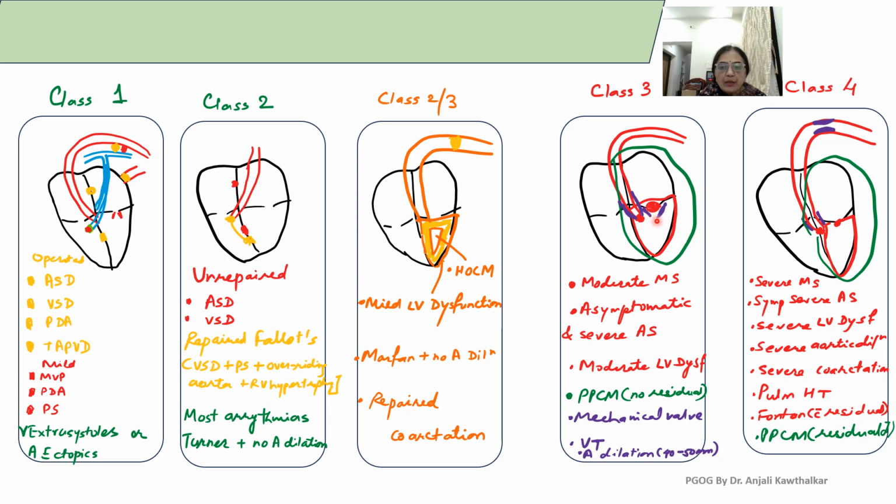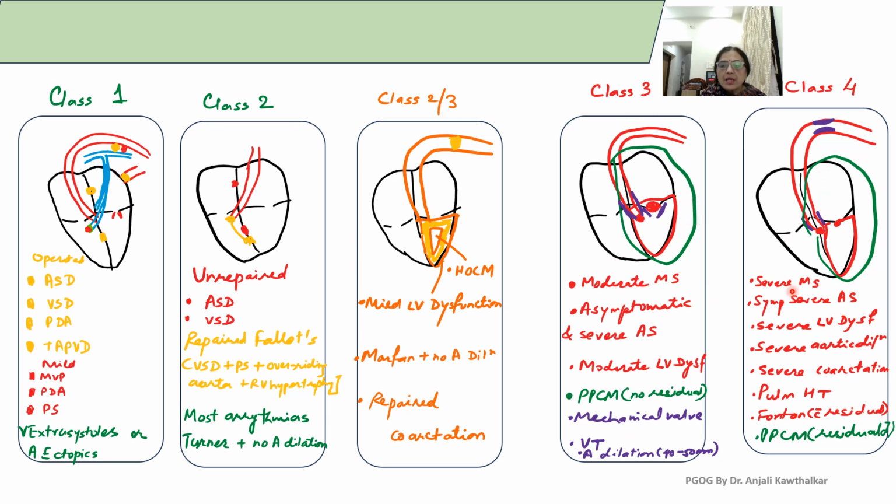Mechanical valve, ventricular tachycardia, and aortic dilation. Aortic dilation, I have shown it as purple, which is between 40 to 50 millimeters. So I have tried to diagrammatically include major conditions which will come under class 3.